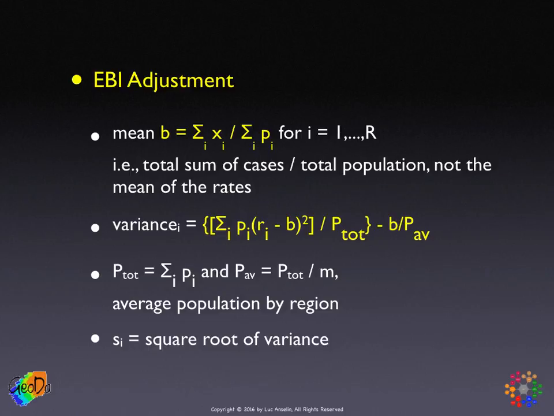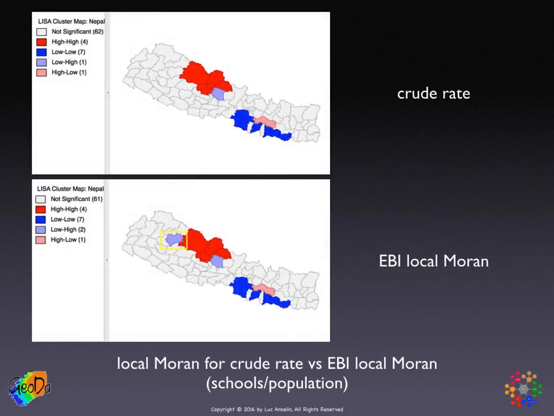With these transformed variables, you carry out the local Moran statistic, for example, again using the school data in Nepal districts. We see the standard application of local Moran's I on the crude rate on the top, and the EBI Local Moran in the bottom, and there's only one district where it makes a difference and an additional spatial outlier is identified.